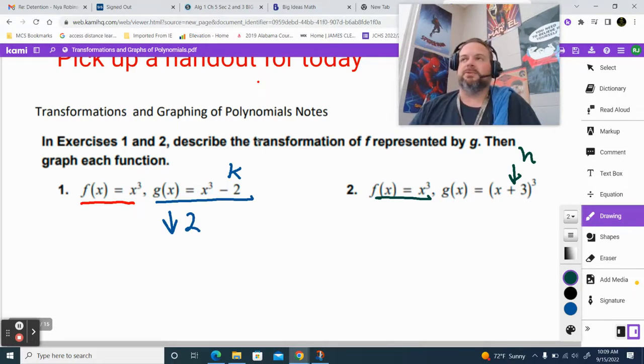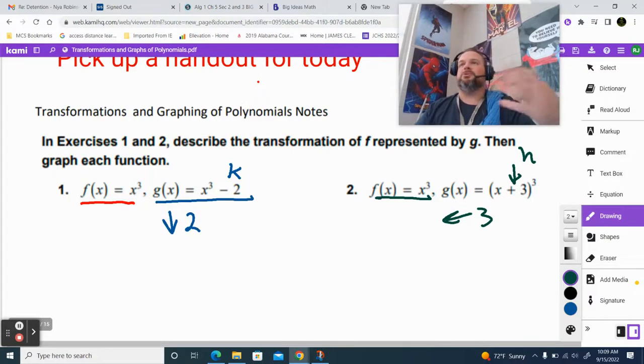Listen, symbols are hard. The reason why I said -3 is because it's the opposite. It's in the parentheses. This is like our h. So this would go left 3.